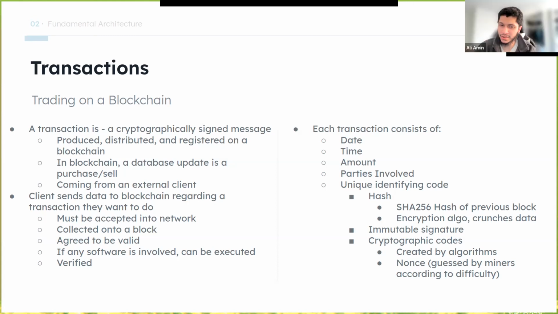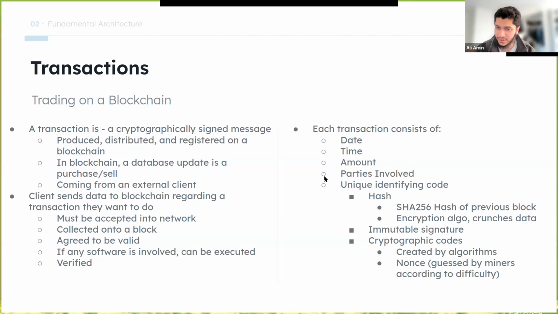So it actually happens in the opposite way. It wouldn't be a request to buy. It would be, I want to send this person X amount of money. So I try to send that into the network. The network will collect it and determine, is this a valid request? Does this person really have the public and the private key for the account they want to send the money from?